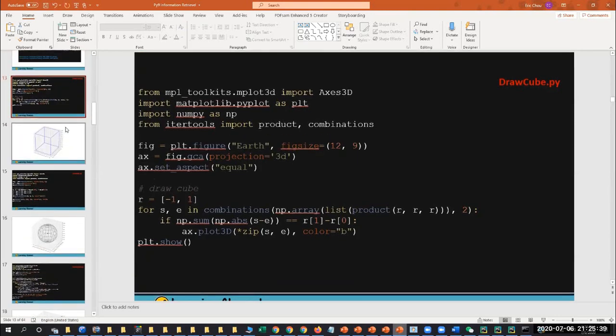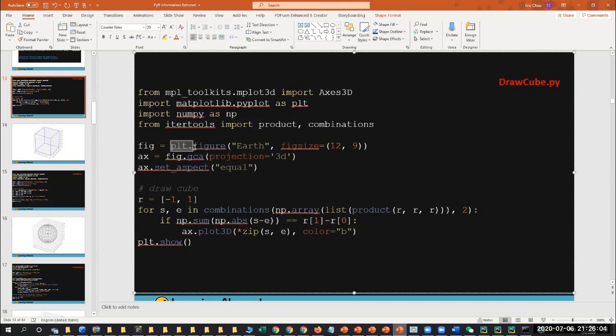So the first one, if I want to draw the cube, basically I create a figure. This figure is using matplotlib.pyplot. Usually if we do from pylab import everything, you don't need to have this one.